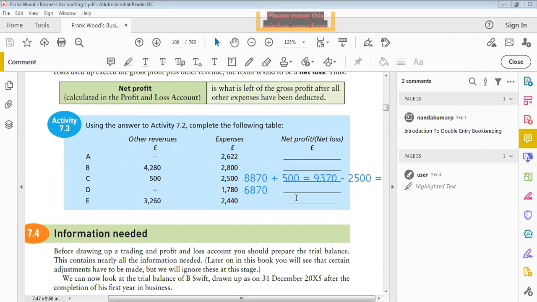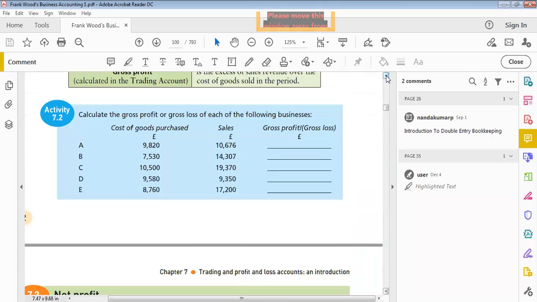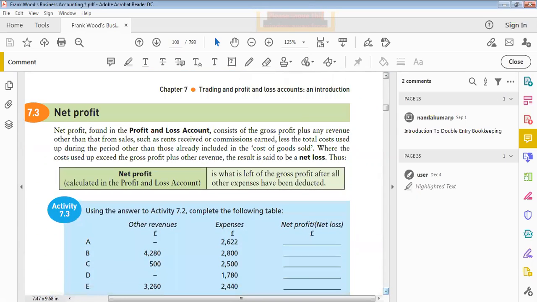Because we have a negative and a negative at the end. For D now, it was negative 230, right? Your gross profit was negative.